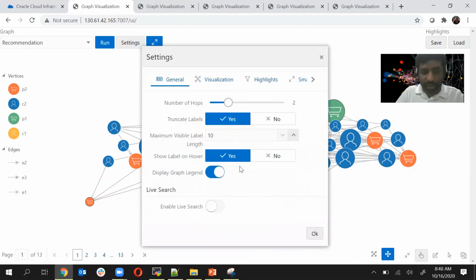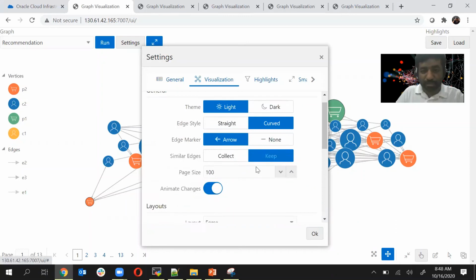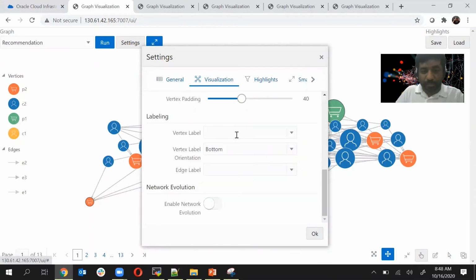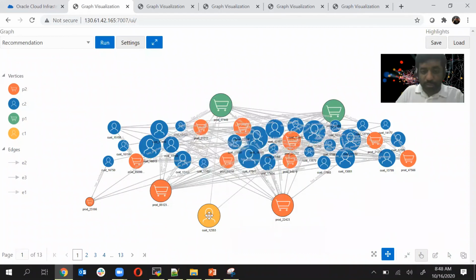And let's try to give it more information. I can go to my visualization. I can say, give me my ID and then give me my label. So for customer 12353, the green products are the ones which the customer has already bought, and the red ones are the recommendations.